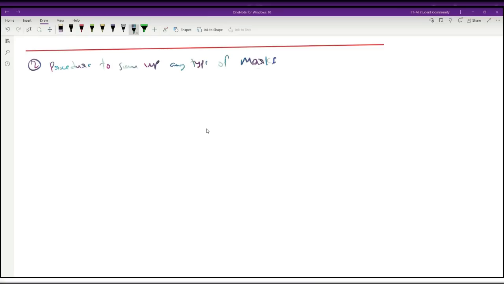Any guess, anyone? Any type of marks. It's any subject. Yes, you're 100% right. And this "any" shall serve as a second parameter here.